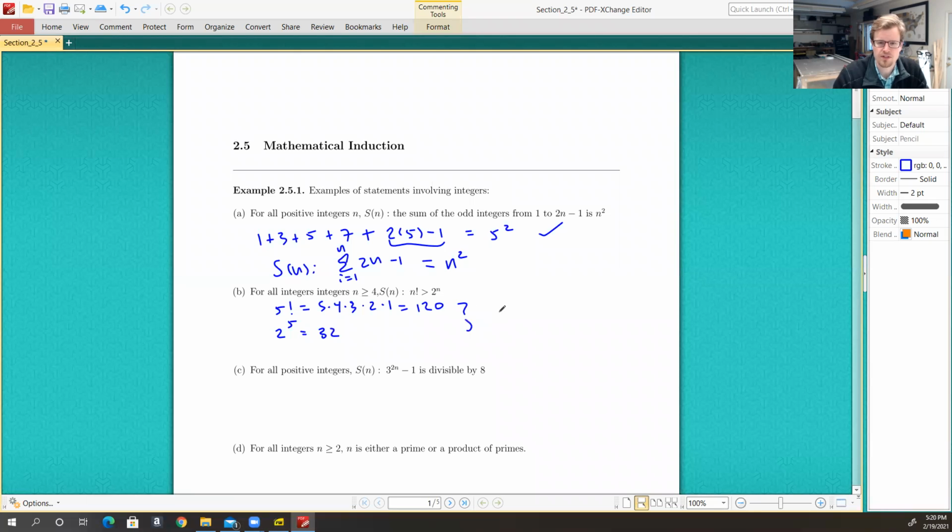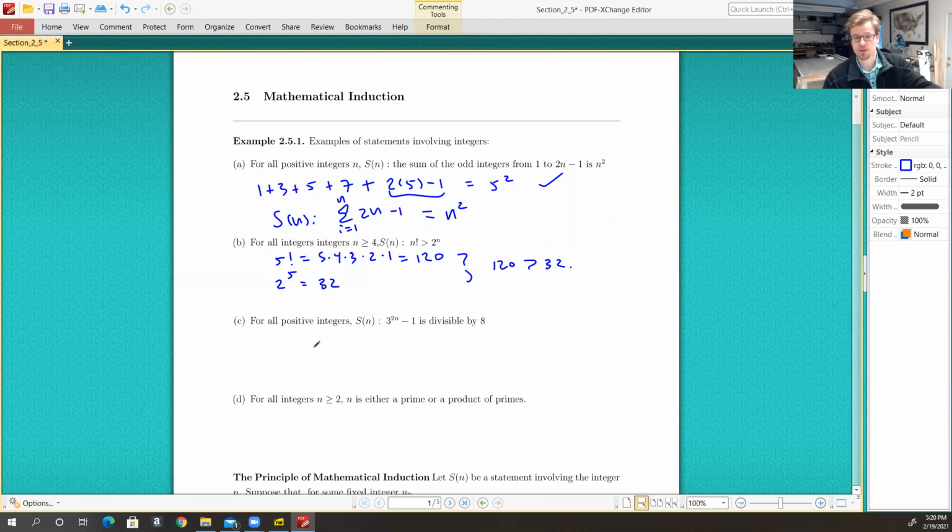And of course, we see that, yes, 120 is in fact greater than 32. So we can see that it's true for n equal to 5. So that's great. We want to know, is it true for all of the integers though? So we've shown it's true for 5. How would we show it's true for all of them? That's the question. That's what we want to do in this section.